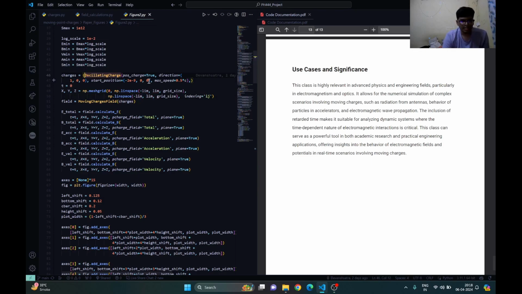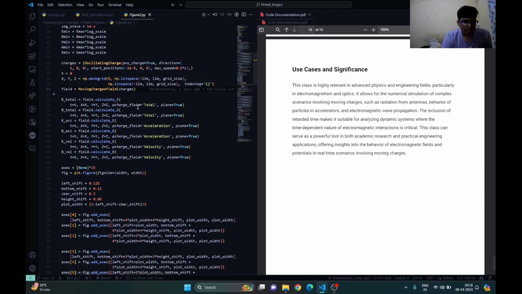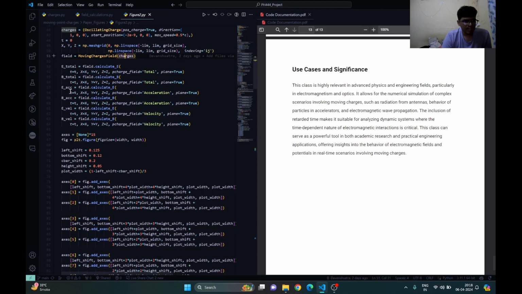You can define as many charges as you want here. In this case it's just one oscillating charge, and then you define your start time to be 0 or whatever you want, and then you define your xyz as your mesh grid again as mentioned before, and then you input that into the function moving charges field as your method, and then you calculate the field from that.